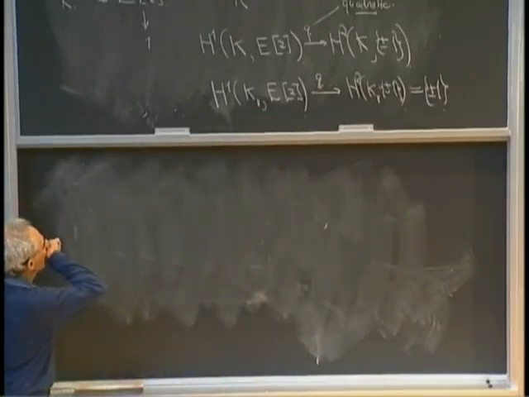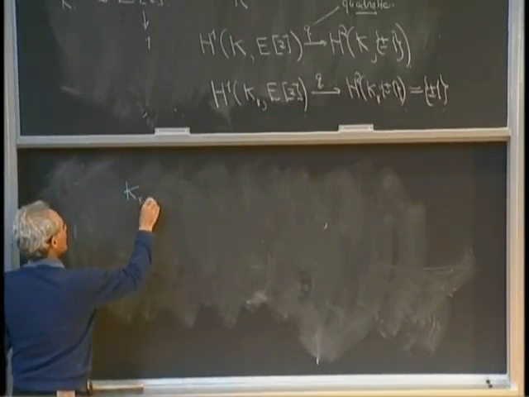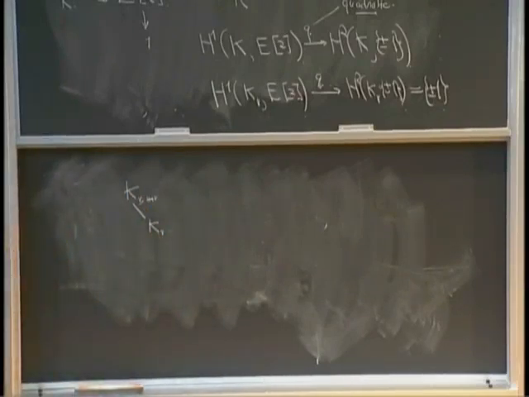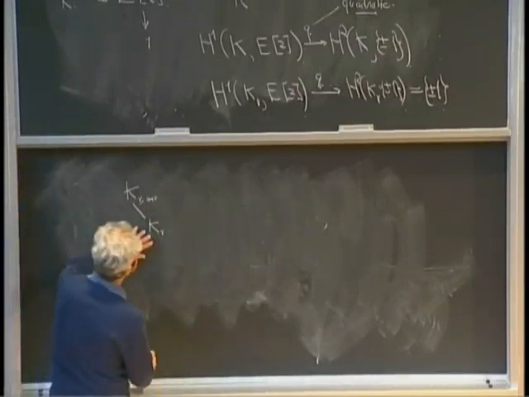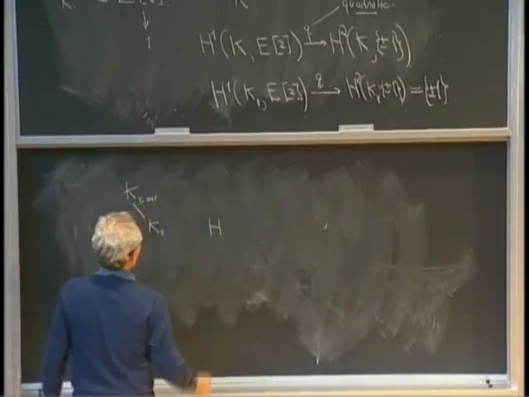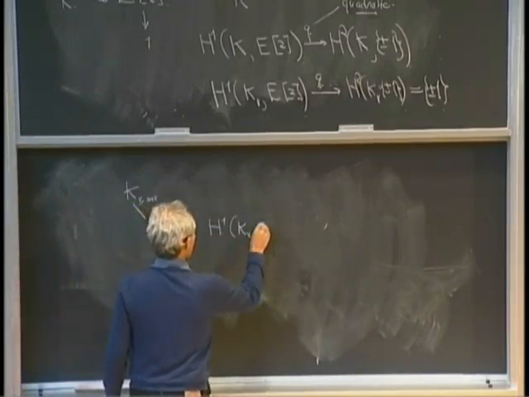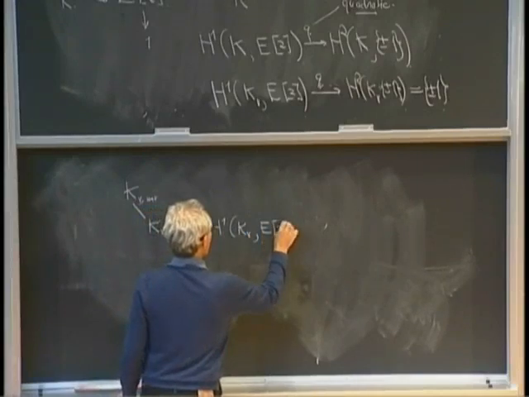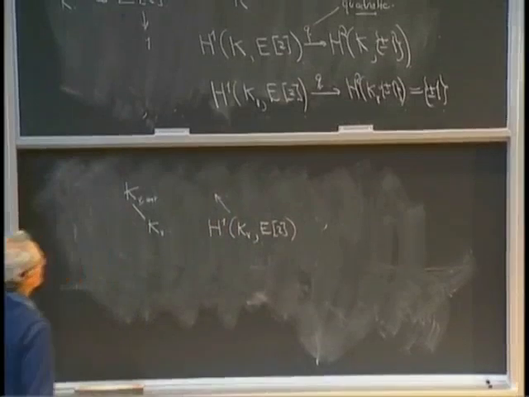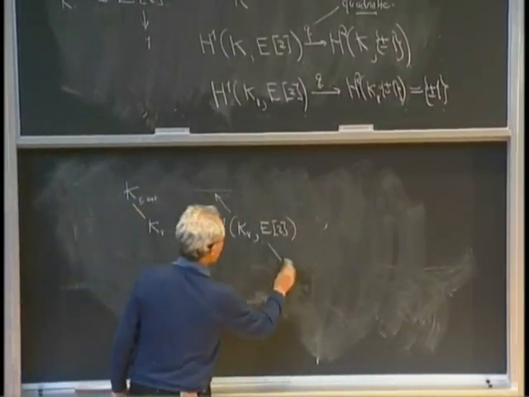Now, there's a preferred quadratic extension, which I'll call K_v unramified over K_v, namely the unique quadratic unramified extension of K_v. And H1 of K_v, E[2], of course, restricts to the H1 of this field as well. And so there's a kernel.